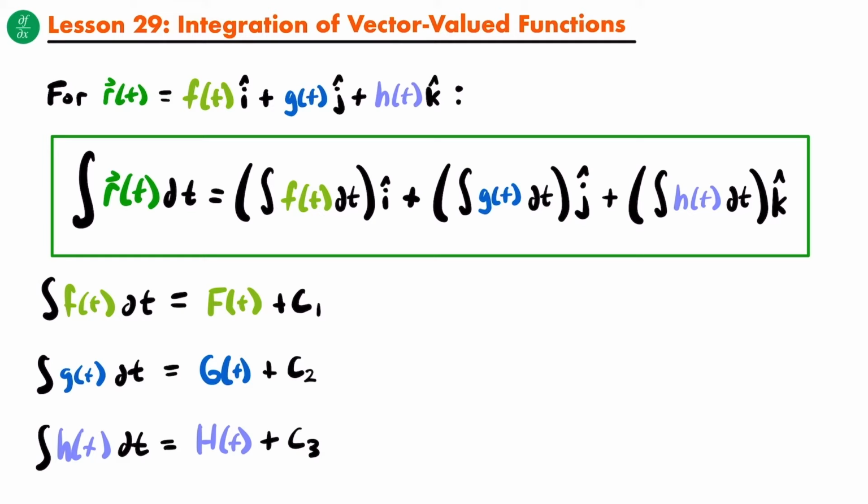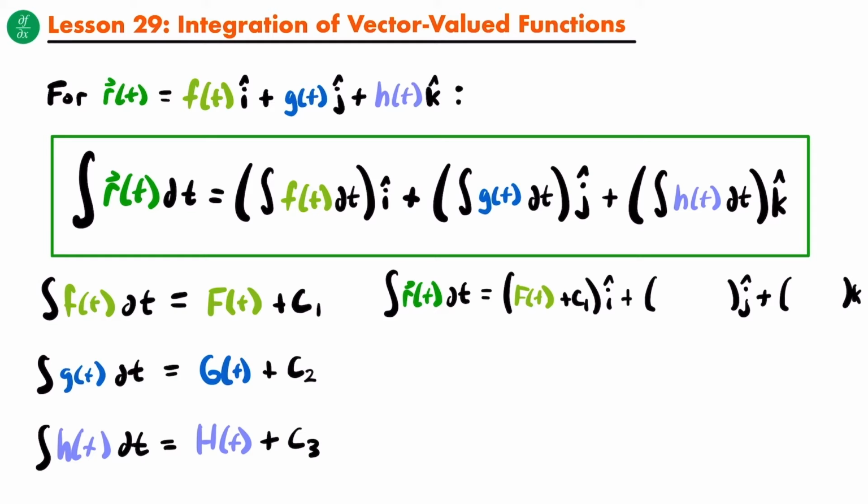All right, so here's what I mean by that. The integral of r of t dt would be equal to capital F of t plus c1 times i, and then we're going to have our j term and our k term. The j term is capital G of t plus c sub 2, and the k term is capital H of t plus c sub 3.